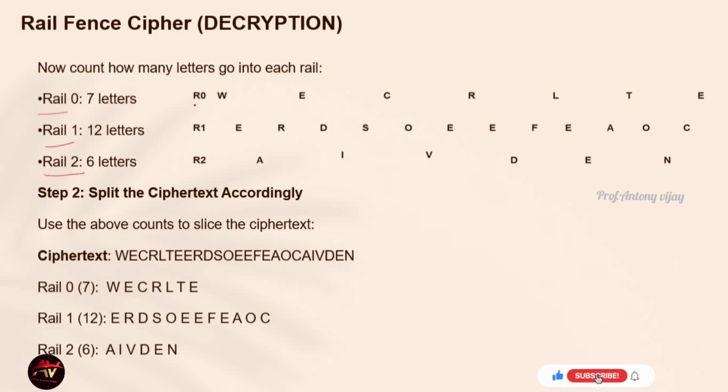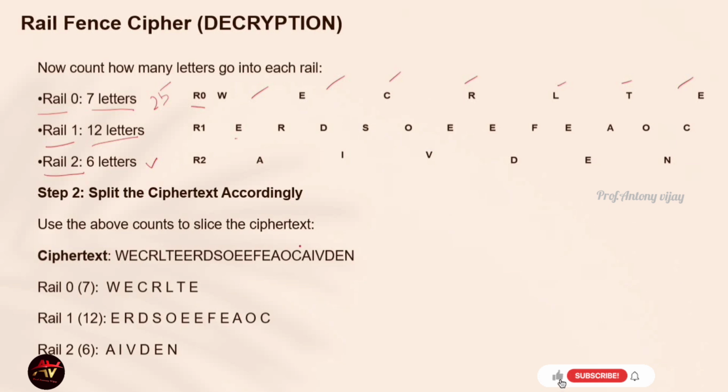R0 contains 1, 2, 3, 4, 5, 6, 7, totally 7 letters. R1 contains 12 letters, and R2 contains 6. Adding all of these we should get 25, because the input plain text is 25 characters. So 7 plus 12 is 19, 19 plus 6 is 25.